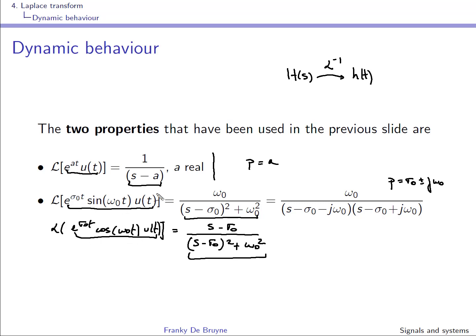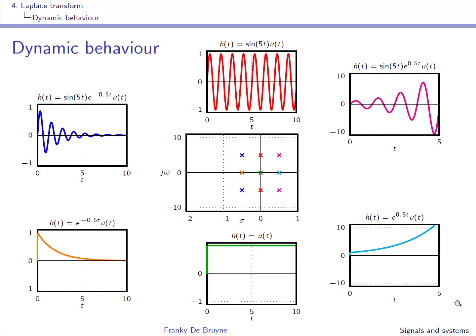If the real part of the pole, sigma 0, is negative, well, you'll have a decaying exponential. If the real part is positive, right, we'll have a growing exponential. So there is a clear link between the poles of the transfer function and the behavior of the impulse response, and we'll show this in the next slide.